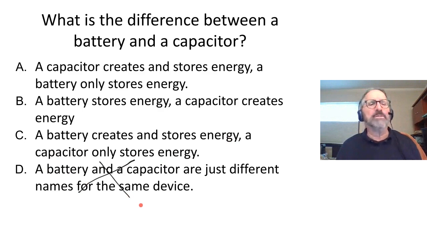So either A, B, or C. We know that a battery creates and stores energy, and a capacitor is the new thing. We know that because we put batteries in the drawer and use them when our mouse dies. A capacitor only stores energy. So it's letter C.